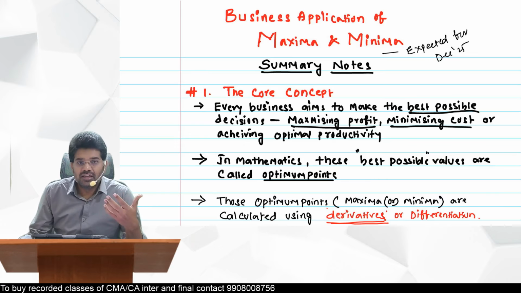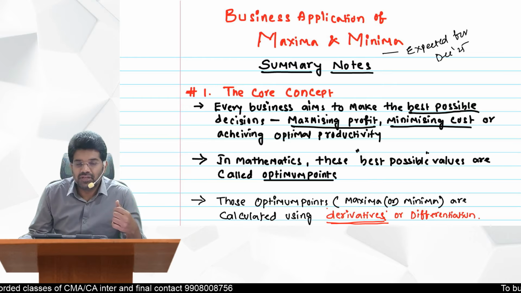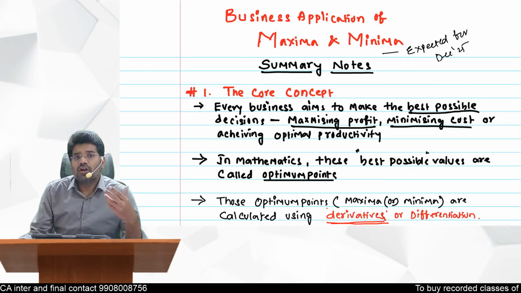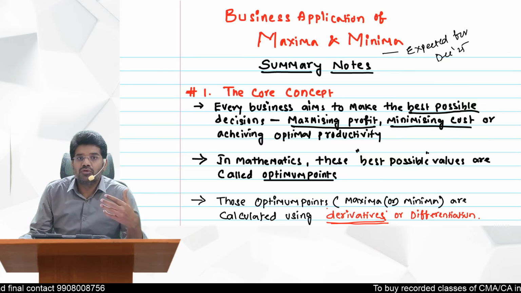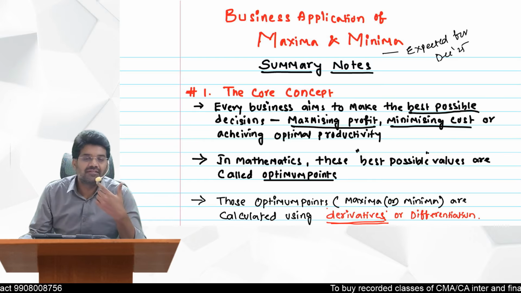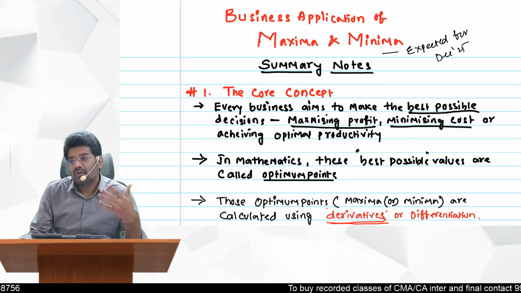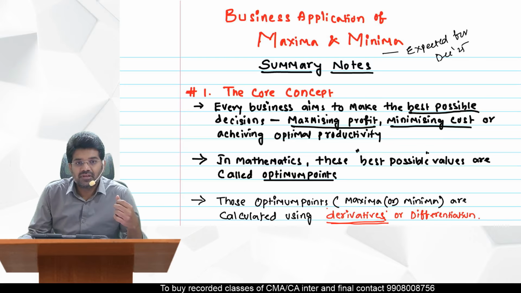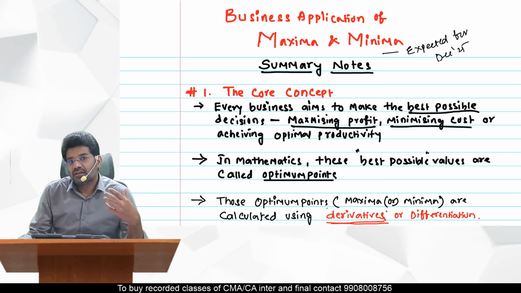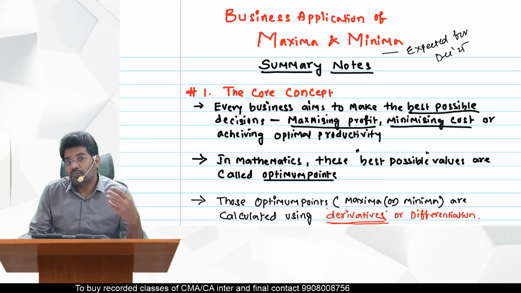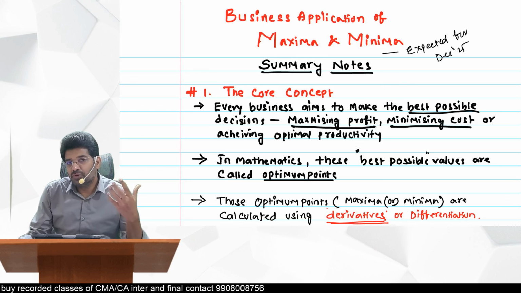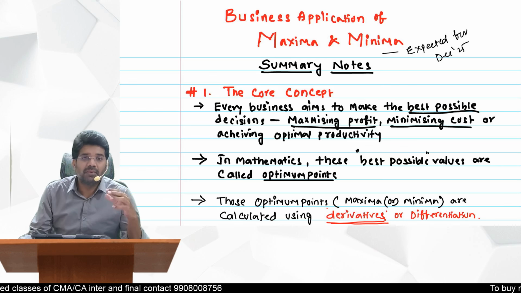So the question is, at what level of output am I going to get that maximum profit, or what is the price I need to fix to get the maximum profit? Or if you want to achieve the objective of minimization of cost, then how many units should I produce so that my cost will be minimum?